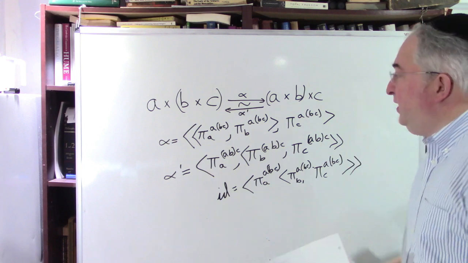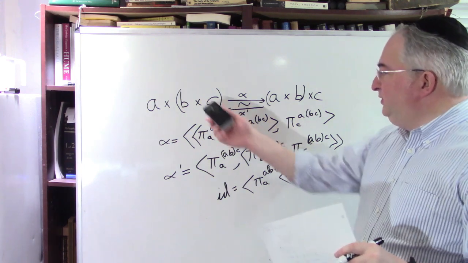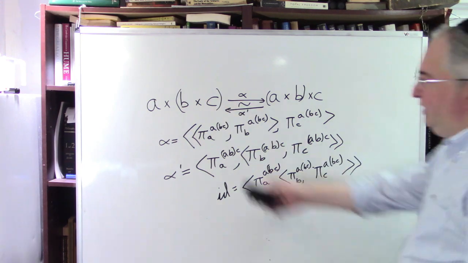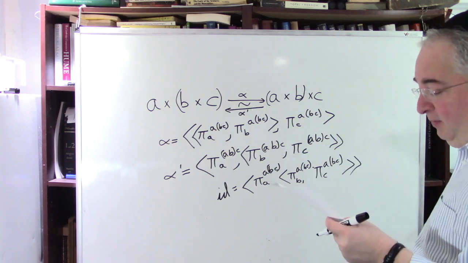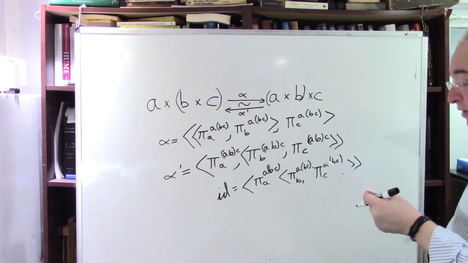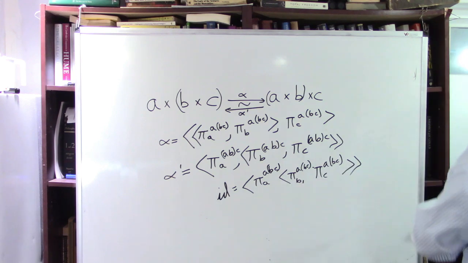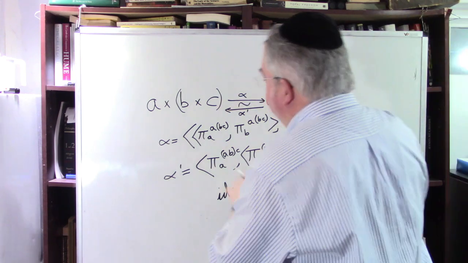Okay, anyways, main point is this composition here is the identity over here, the composition here is the identity over here. Alpha and alpha prime are both isomorphisms. Very nice. Let's see what this has to do with a real case.